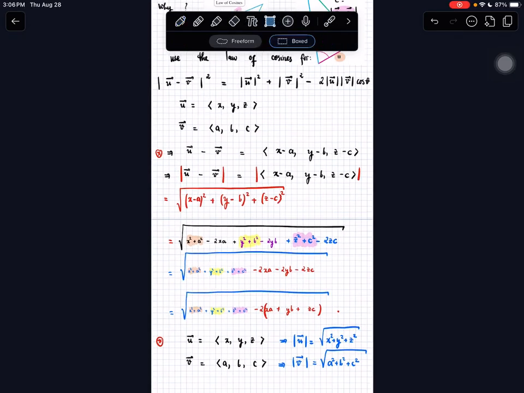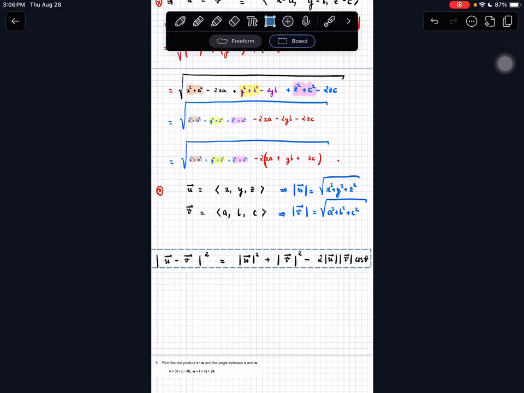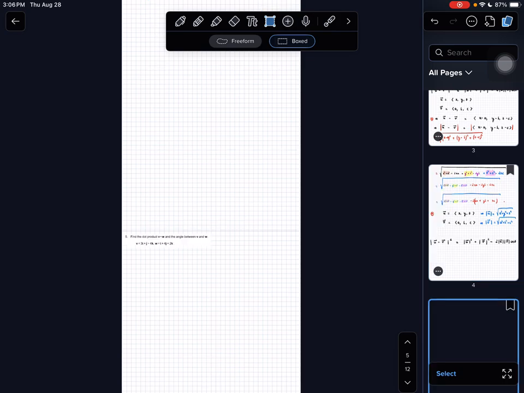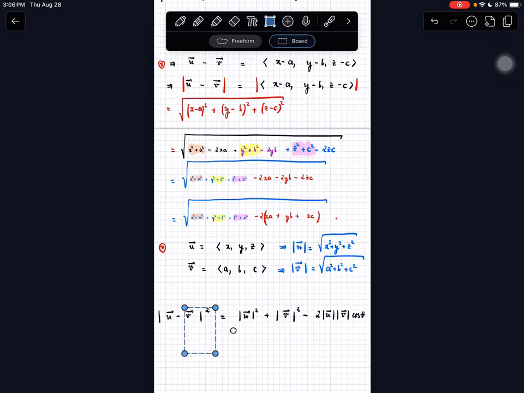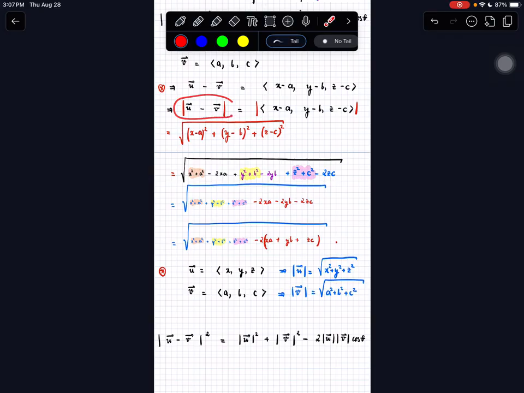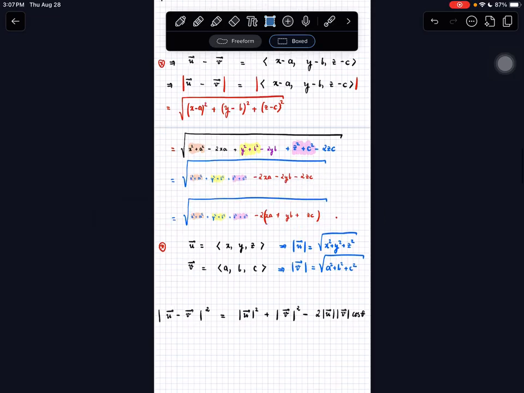Now let me plug everything into this equation. The left hand side is the square of the length of vector u minus vector v. The length of u minus v is this square root, so if we square it, it gives us what is inside the square root. Here is the left hand side.